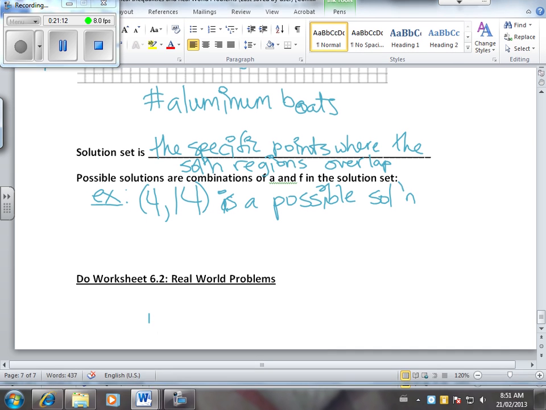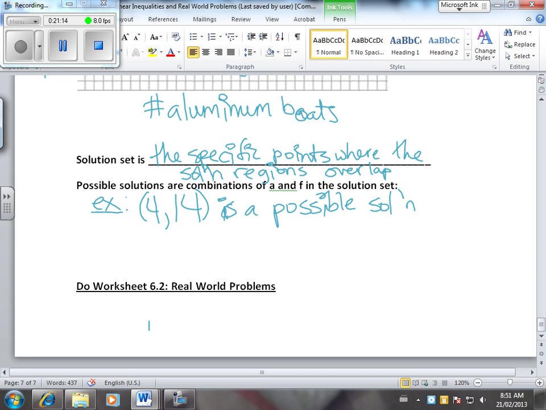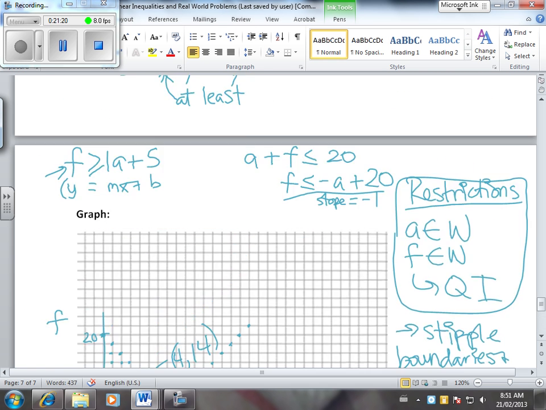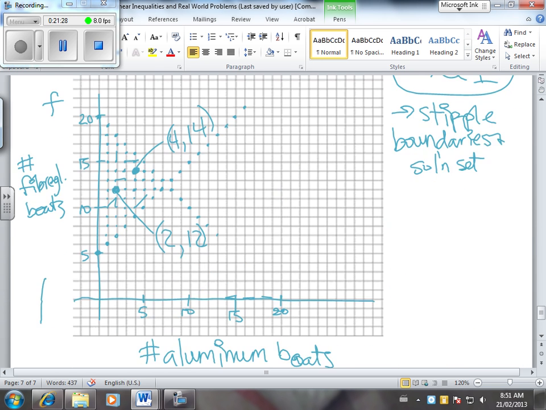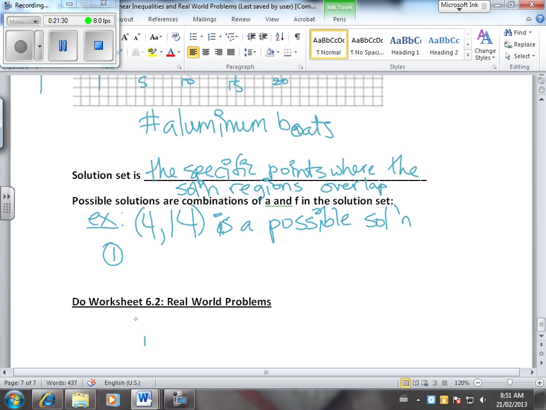So we verify by just filling it in. So for equation 1, remember that our first inequality is A plus F is less than or equal to 20. So A plus F is less than or equal to 20.